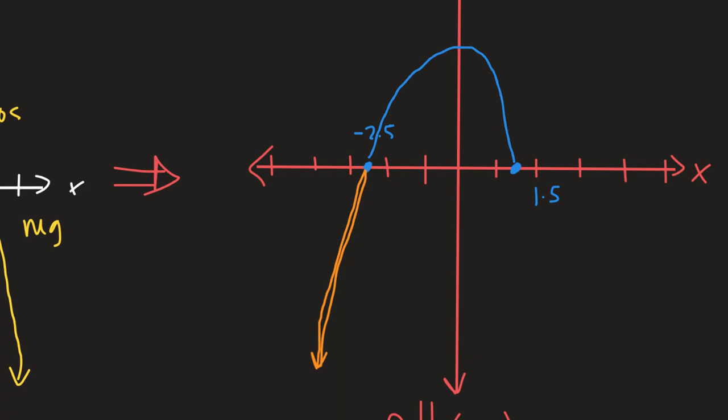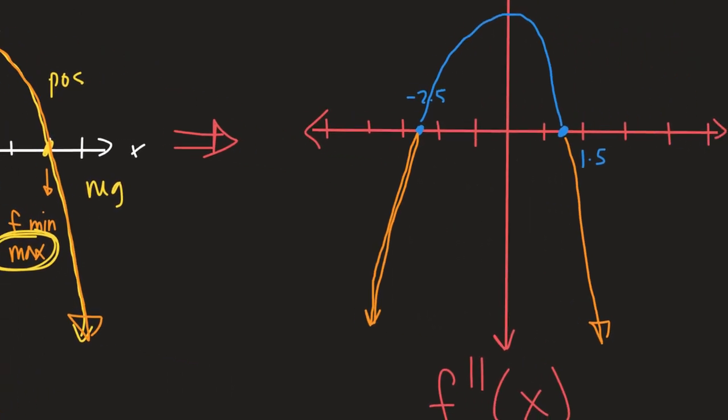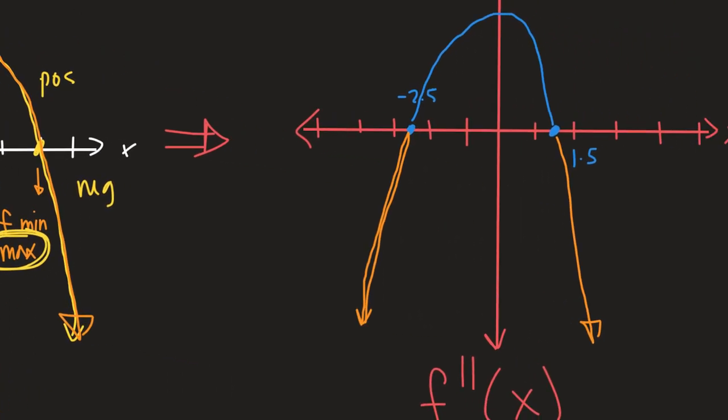In fact, I don't know where it's going to be exactly. Maybe in the middle, maybe there's some symmetry there. I don't know. And then, of course, after 1.5, your graph is once again decreasing in y values, which means you have a negative first derivative. So this would be a potential sketch of your second derivative.